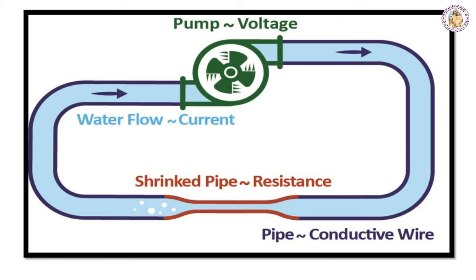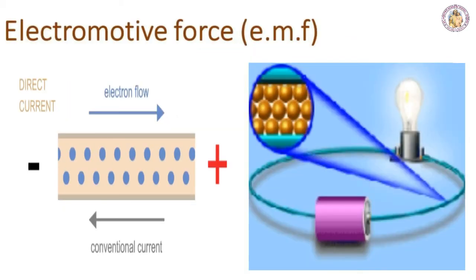Suppose you insert a pump in between and the pump pushes the water, then the water will start moving in the tube. Now the moving water can be used to produce some work. We can insert a water wheel in the flow and make it rotate, and further use that rotation to operate machinery.